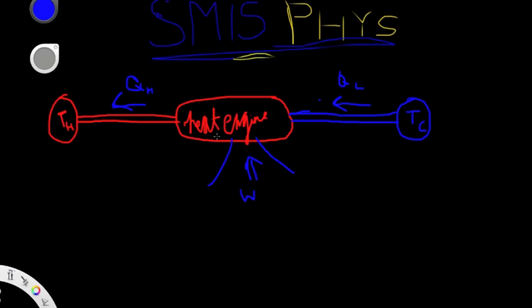This work would be equal to QH minus QL. And since we know that the heat involved on the hot side is obviously greater than the heat involved on the low temperature side, this work will always be positive.